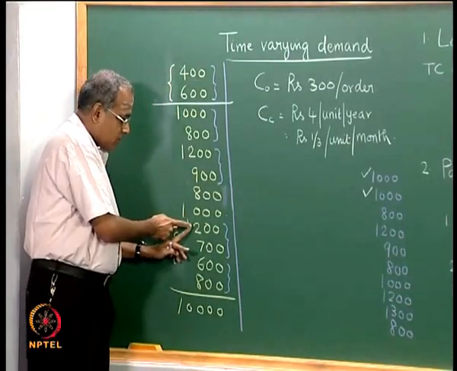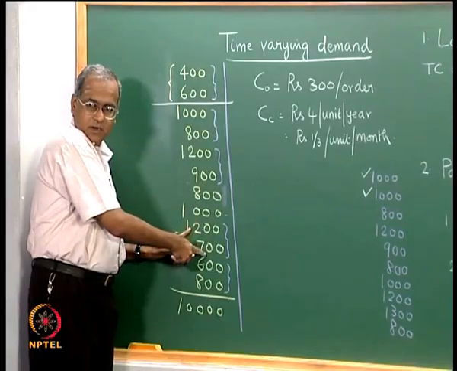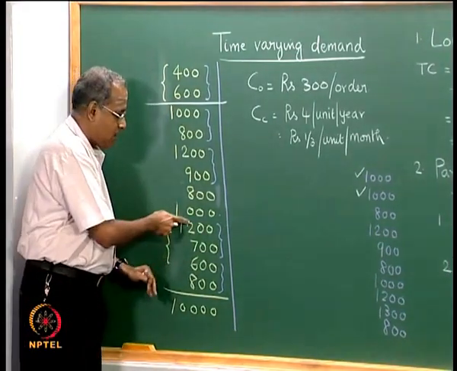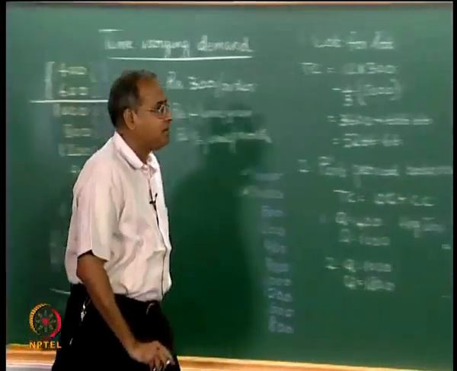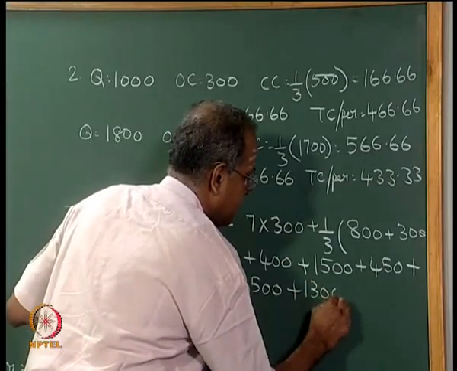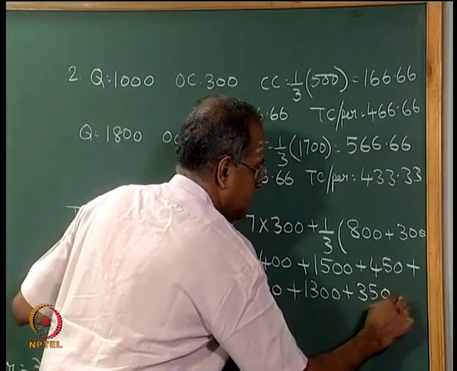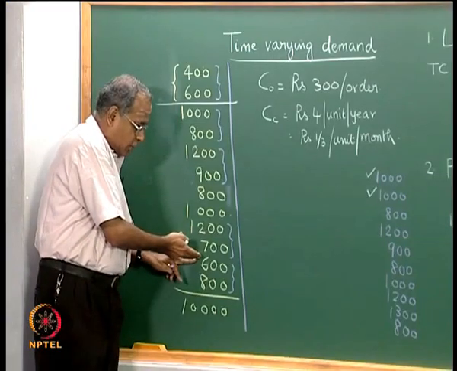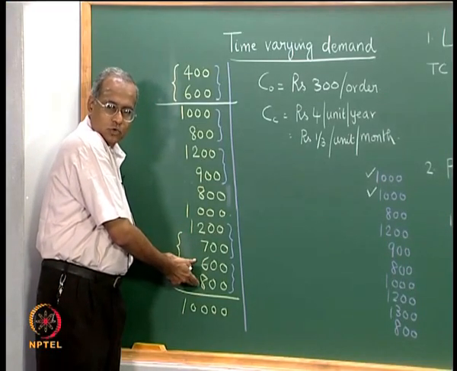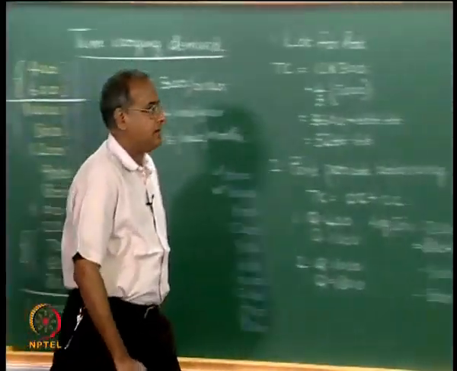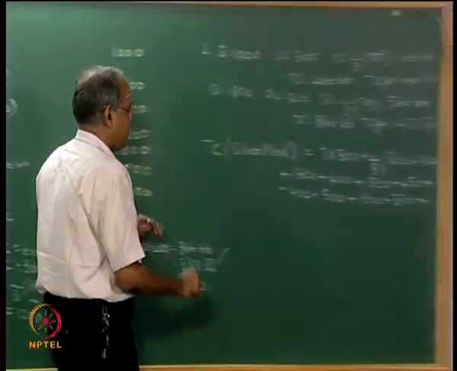Combining these two, so 1900 I begin with plus 700 is 2600. So 1300 is the average, 1300 plus another 350. The last one again I am combining. So I start with 1400 and end with 800. So 2200 divided by 2 is 1100, plus another 400. So 1100 plus 400.